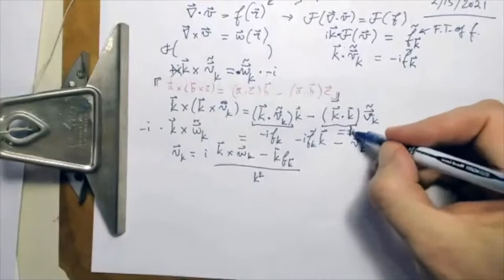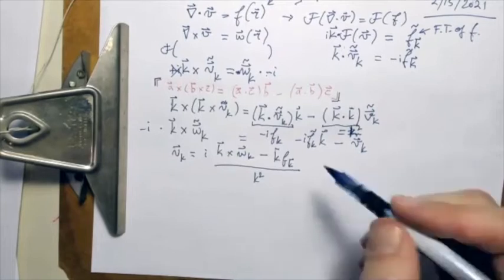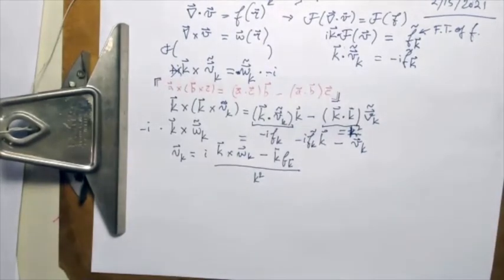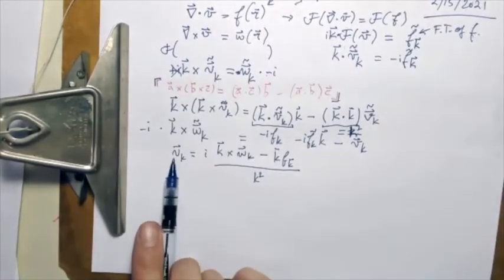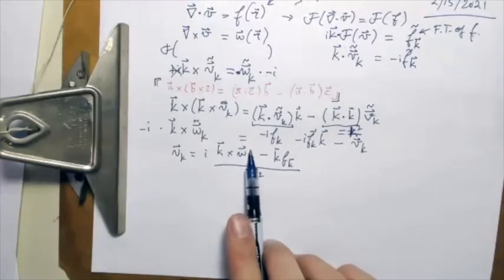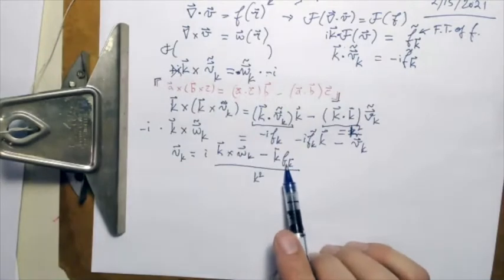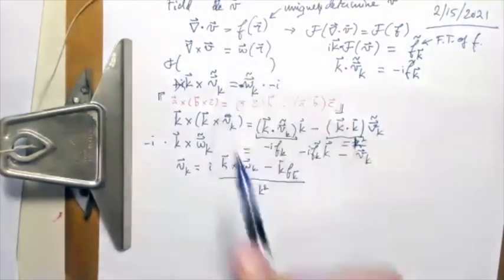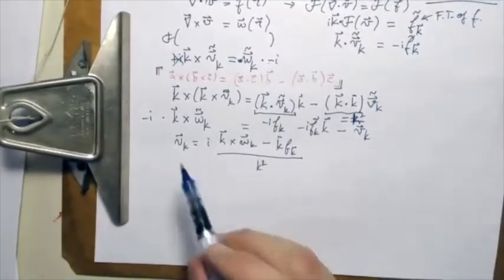Sorry, this is not 1, this is k squared, of course. So now we have, in a way, inverted our relation, right? Because that's the field that we want to know the solution for, and the only inputs are this w, which is that curl of the field, and the other is that f, which is the divergence of that field, right? So this is already the description that we needed for v of k.